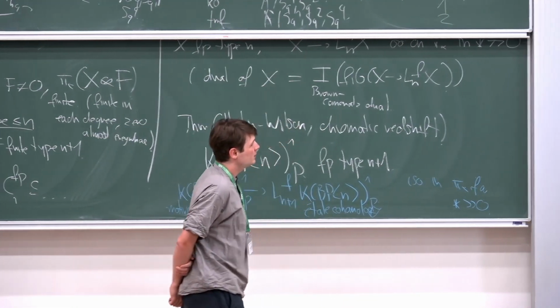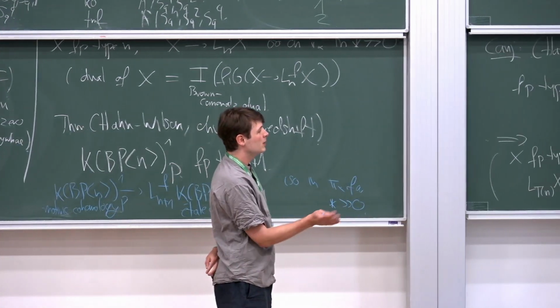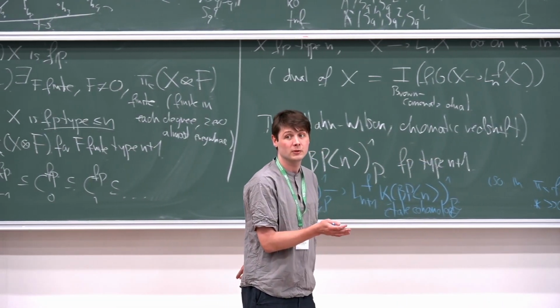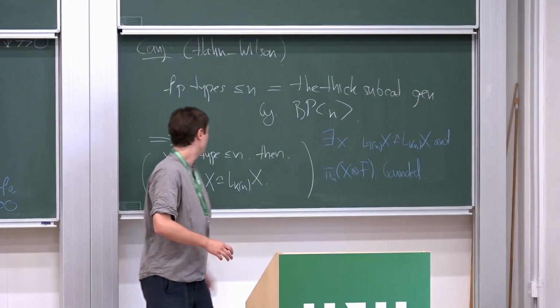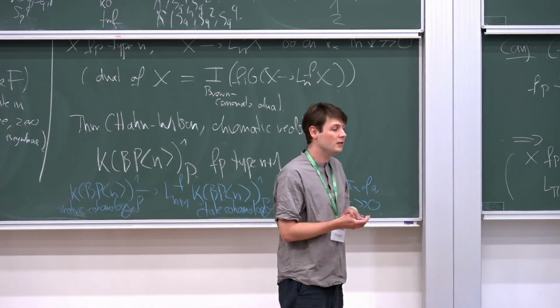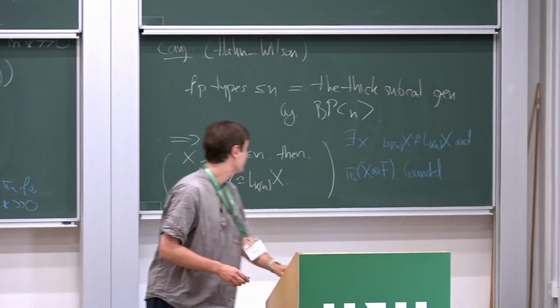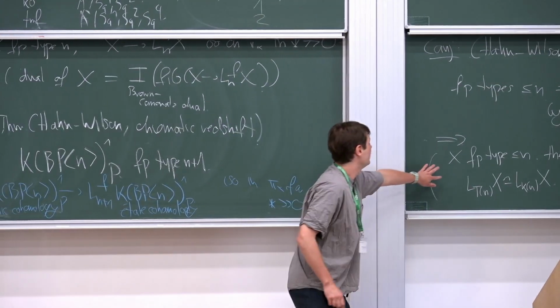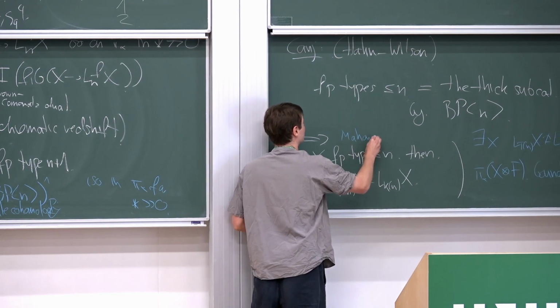So if the Hahn-Wilson conjecture is true, it also gives you some measurement of how badly the telescope conjecture can fail. You see that we know it can fail here, but it's asking what if it's actually finite? So you have a relatively reasonable object. Can it still fail then? And I should mention this conjecture appears in the original paper of Mahowald and Rezk.